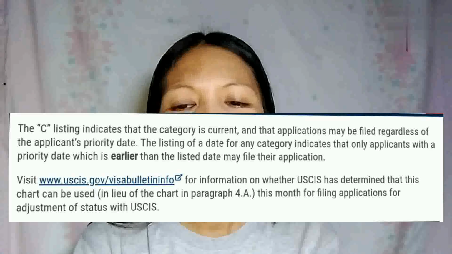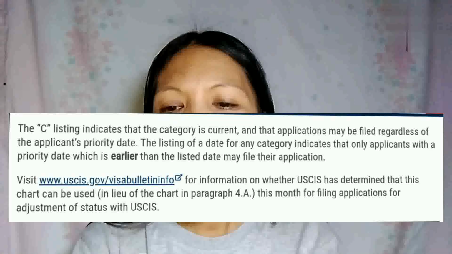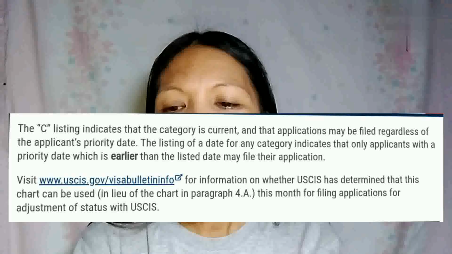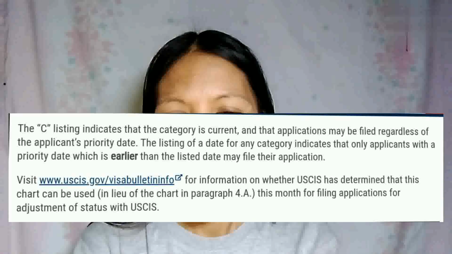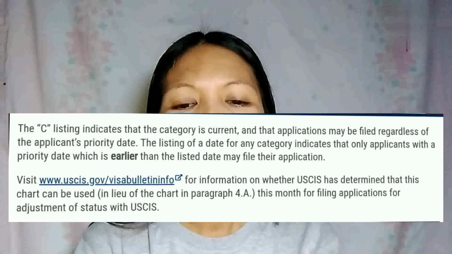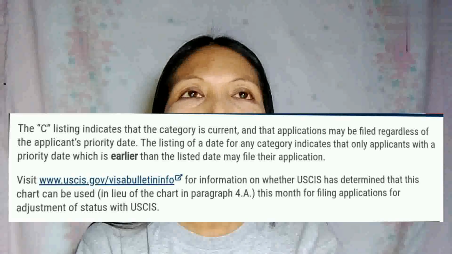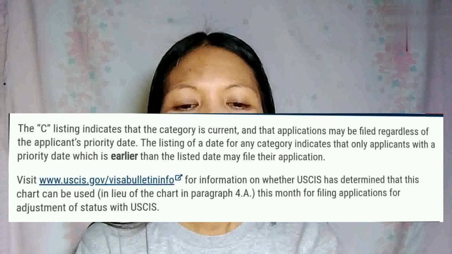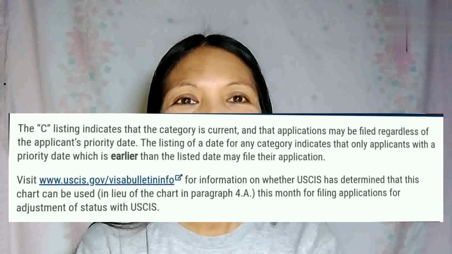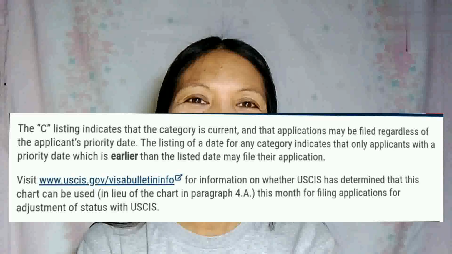The listing of a date for any category indicates that only applicants with a priority date earlier than the listed date may file their applications. Visit www.uscis.gov/visa bulletin for information on whether USCIS has determined that this chart can be used, and view the chart in paragraph 4.A this month for filing applications for adjustment of status.